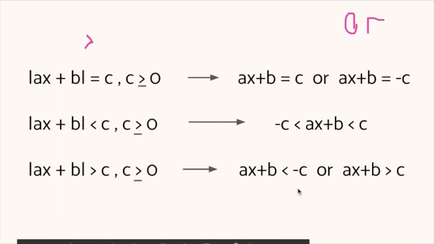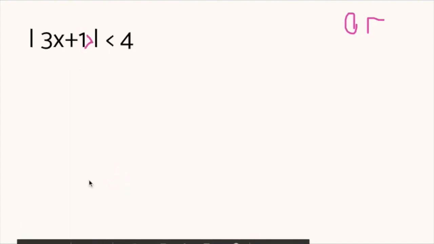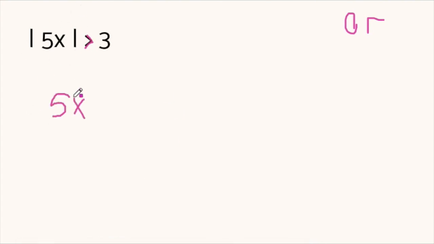The rule with the greater than was separating it into whatever's in the absolute value less than -C, or whatever's in the absolute value greater than C. Let's go back to our question. Inside the absolute value, we have 5x. So following that rule, we say 5x is less than -3, and 5x is greater than 3.